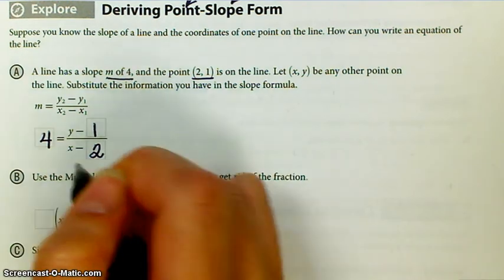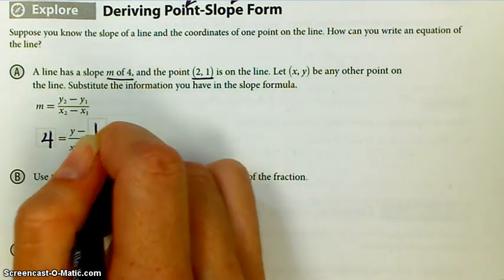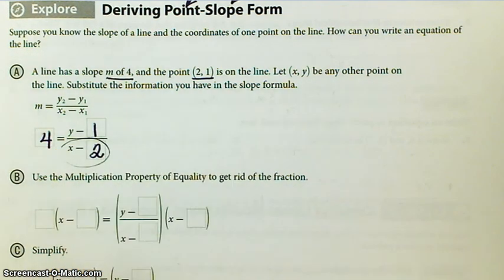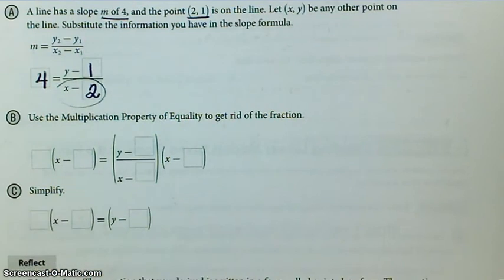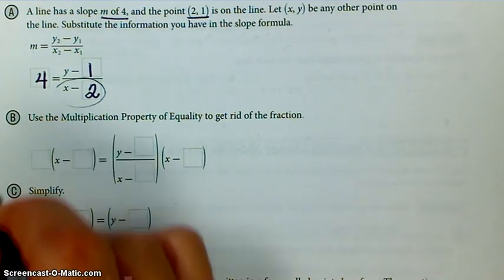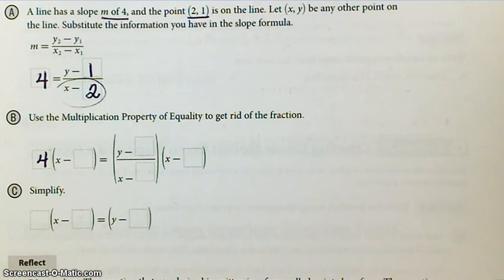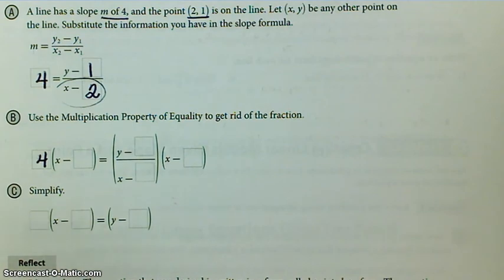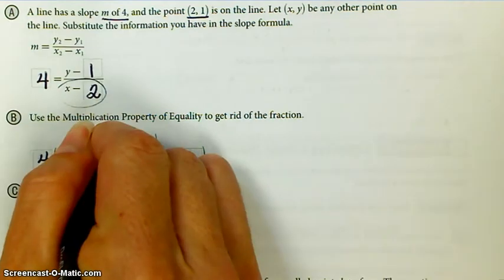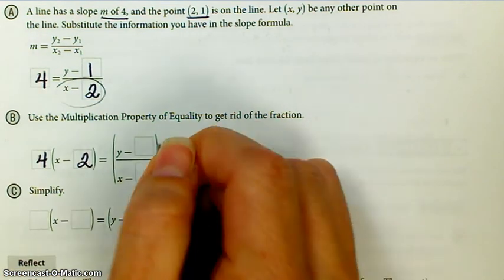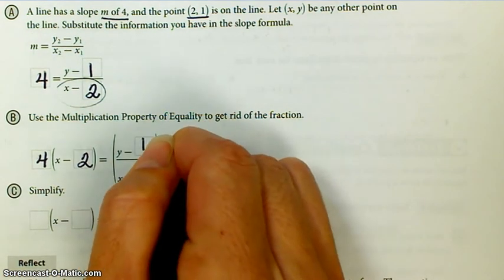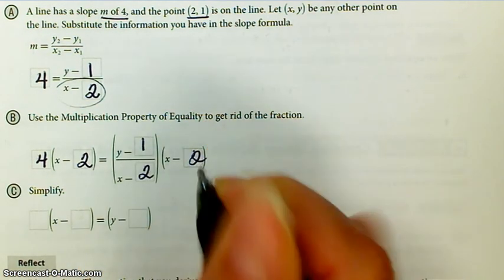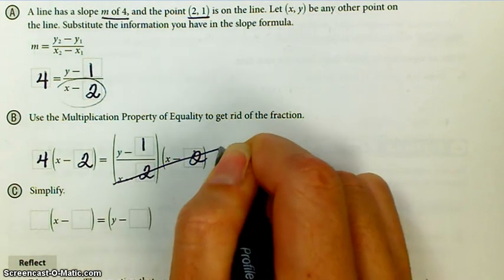Okay, I can take what's on the bottom and multiply both sides by what's on the bottom, and the denominator on that side is x minus 2. So I can take that whole thing, put it in parentheses, and multiply everything by x minus 2, which allows us to cancel this.